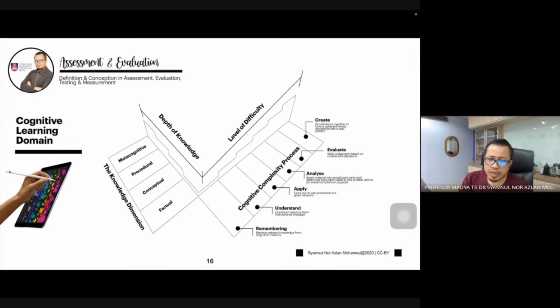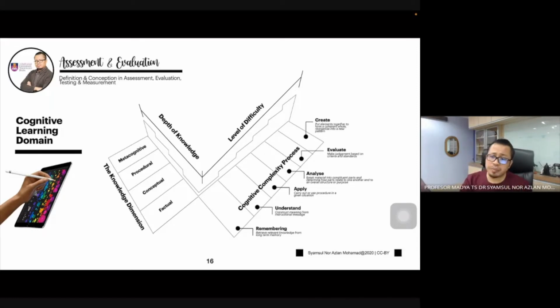So this model will give you some kind of clarity, in terms of, yes, I know that the cognitive complexity process is C1 until C6, but I can design my question based on the four dimensions of knowledge: factual, conceptual, procedural, and metacognitive.